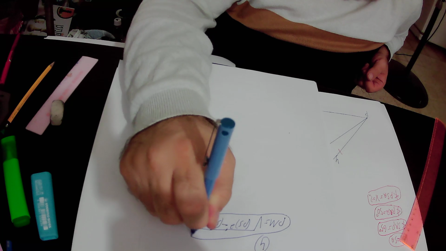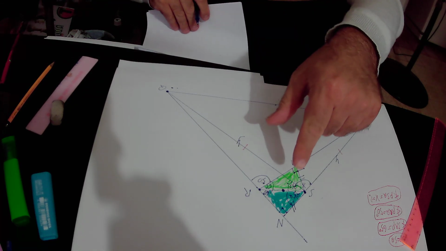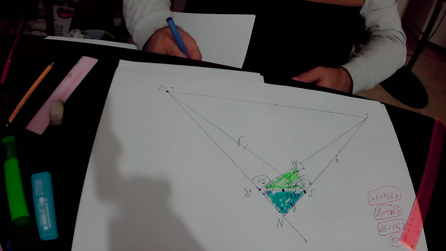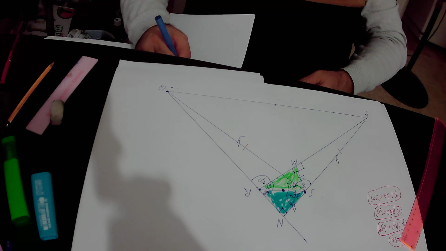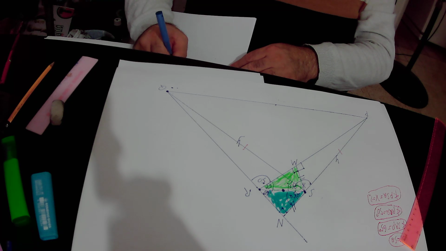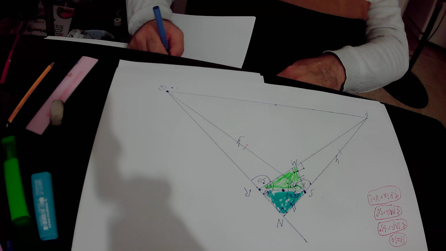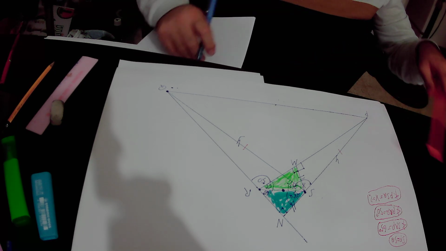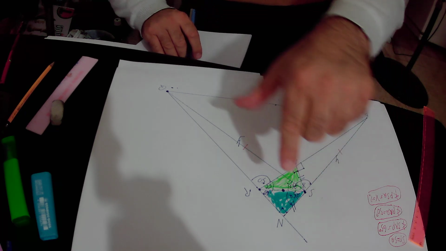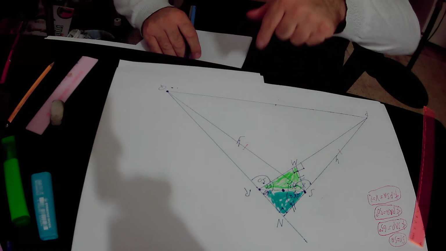So we will repeat the same process on the right triangle SNQ. In the right triangle SNQ, according to the Pythagoras theorem, SN square plus NQ square will be equal to SQ square.